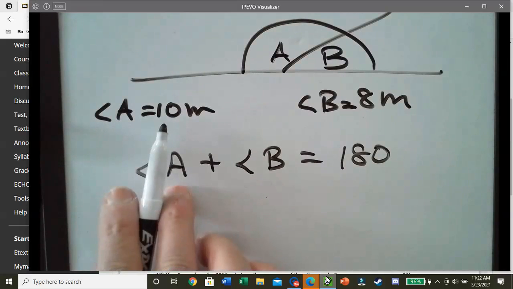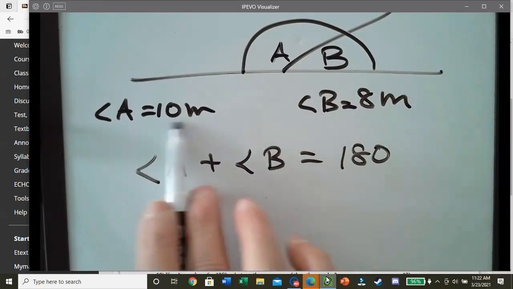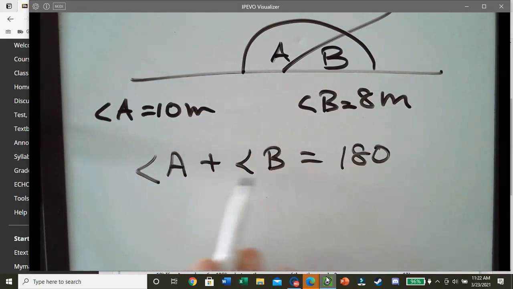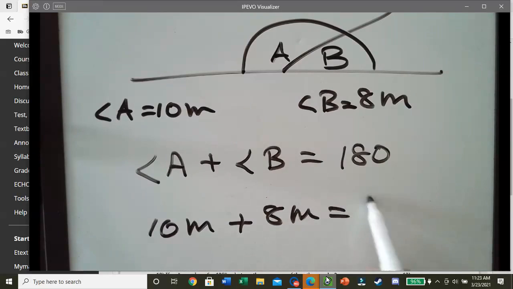So what are you going to do with 10M and 8M? You're going to put them in place? Yeah, you do, right? 10M plus 8M equals 180, right?